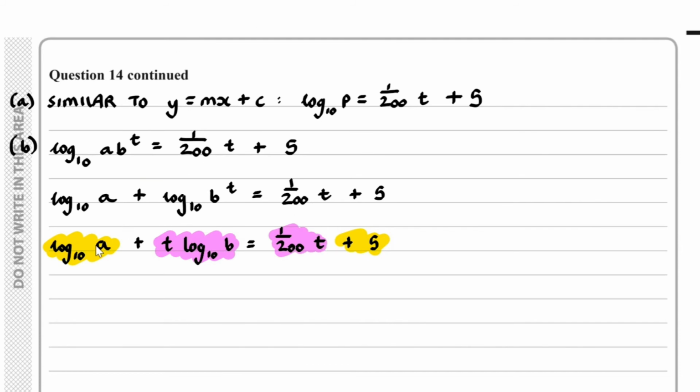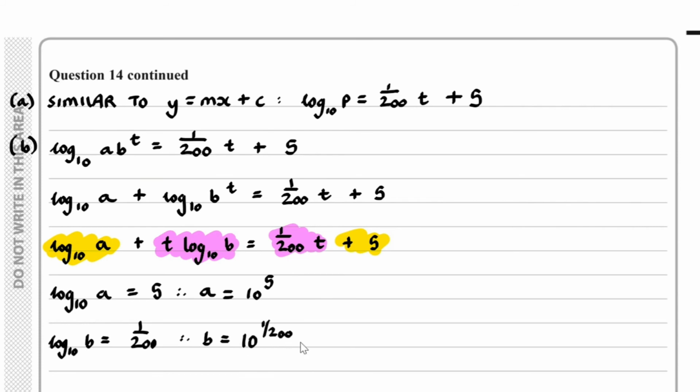And so, if we have log base 10 of A equaling 5, A will equal 10 to the power of 5. And if we compare the t terms, we have log base 10 of B equals 1 over 200, so therefore B is equal to 10 to the power of 1 over 200.